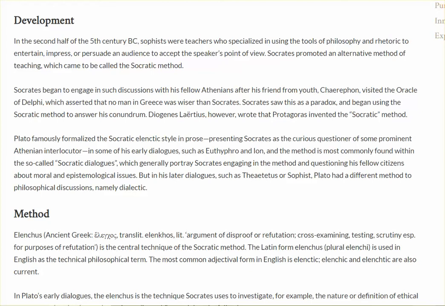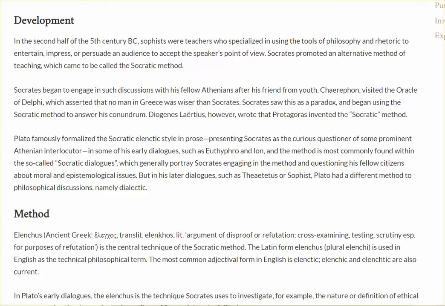Whereas Socrates promoted an alternative method of teaching, which came to be called the Socratic method, and Socrates never persuaded, insisted, or forced the audience to accept the speaker's point of view. In fact, Socrates let the audience think with their own minds. That's what we call dialectic.